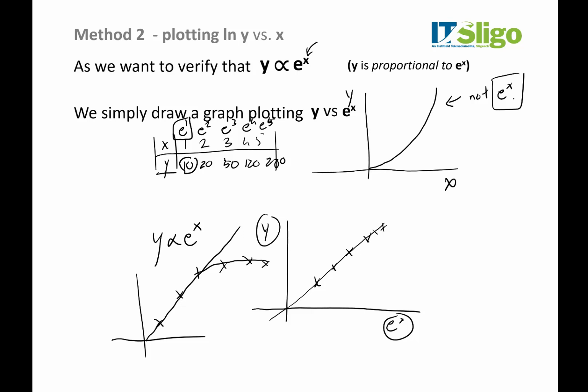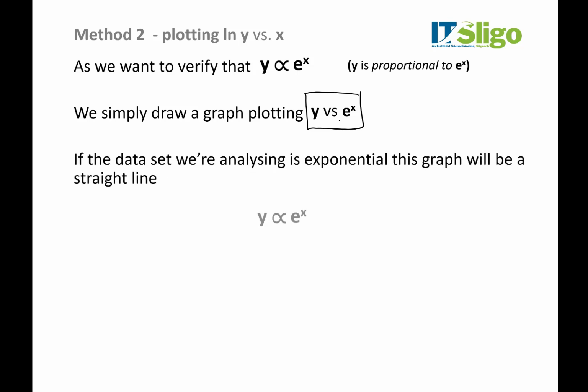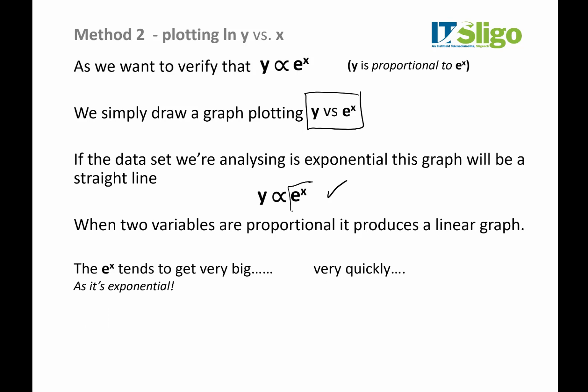So I'm going to clear all of this. So that's our general idea. We want to plot e to the power of x versus y. If we get a straight line, we've verified that this is true. Y is proportional to e to the power of x. The big problem with doing this, guys, is e to the power of x gets really big really quickly.